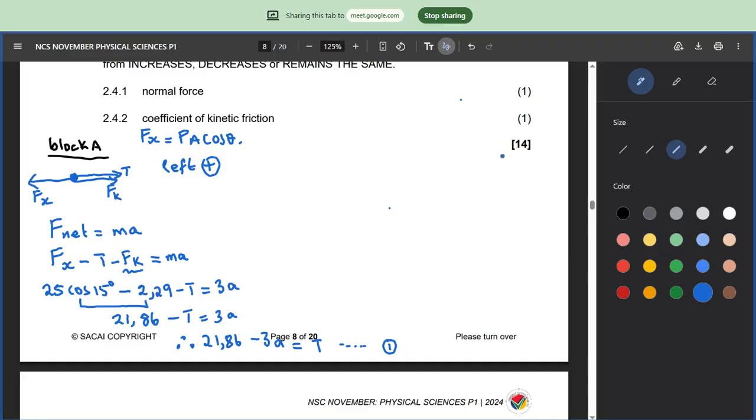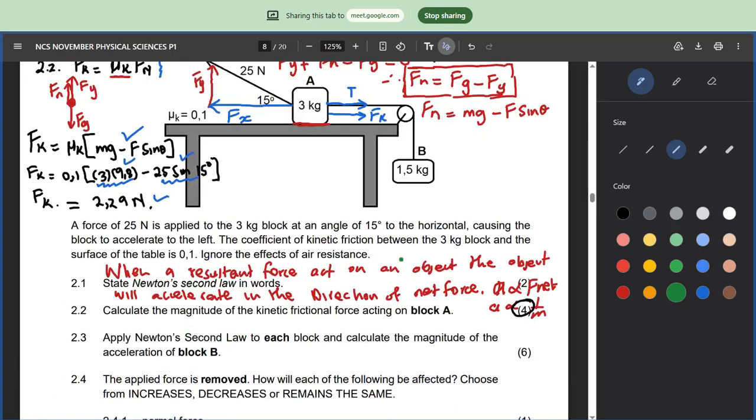Then you're going to move from block A to block B. On block B, to create this kind of expression, you need a free body diagram for block B, meaning we need to indicate all the forces acting on block B. There are only two forces, the weight going down and the tension going up.